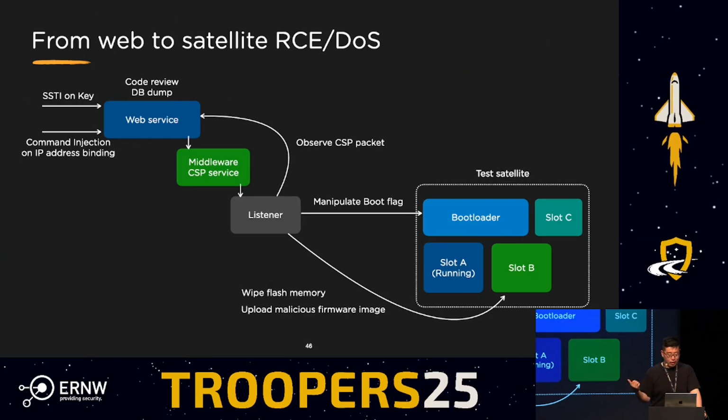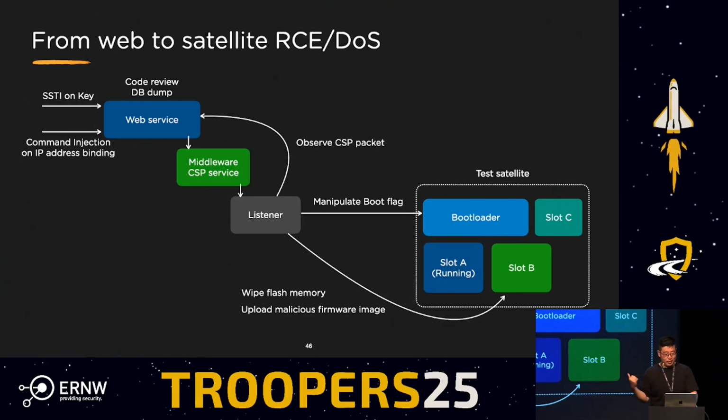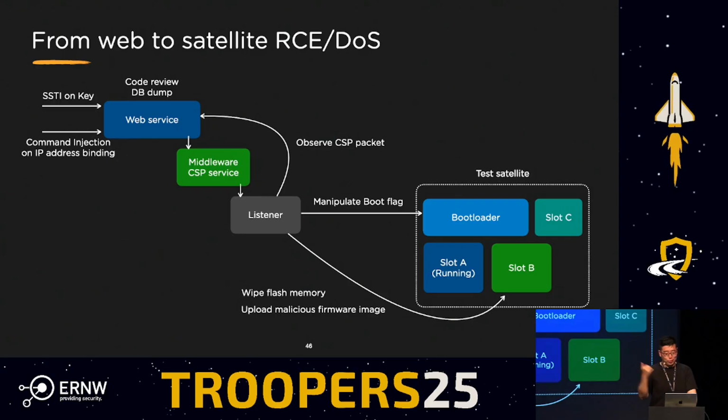So that's how I hacked this ground station system, from web to RC and denial of service on the satellite.